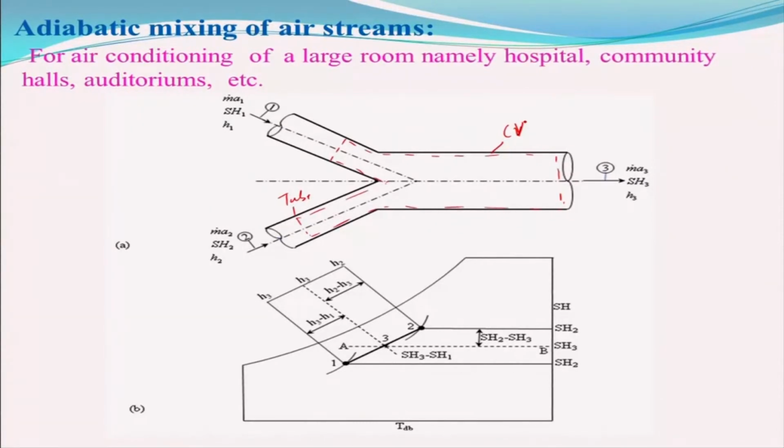Of course, you will also have to use the psychrometric chart which I have shown here: this is station 1 and this is station 2. If you join them, you will get station 3 in between. You can use this very easily for the calculations.